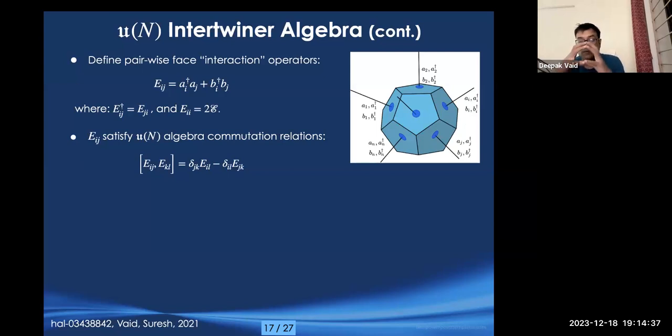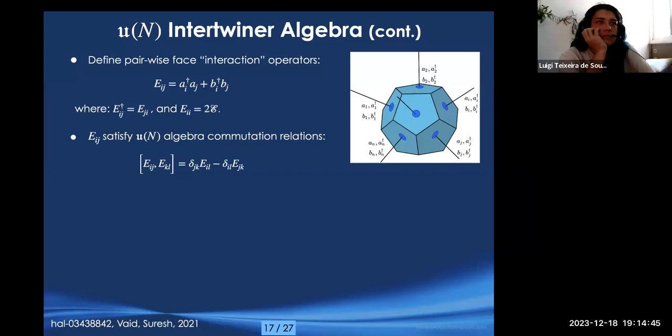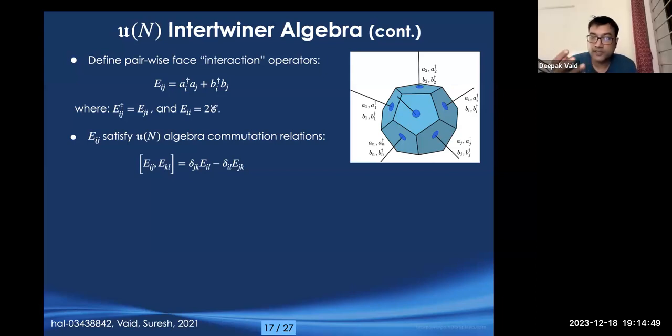And now to construct the Hilbert space of n edges, you need to consider interactions between the edges. So what will be the total Hamiltonian? If you have a system of n harmonic oscillators, the total Hamiltonian operator will look something like this. Well, sorry, not the total Hamiltonian, the interaction term.